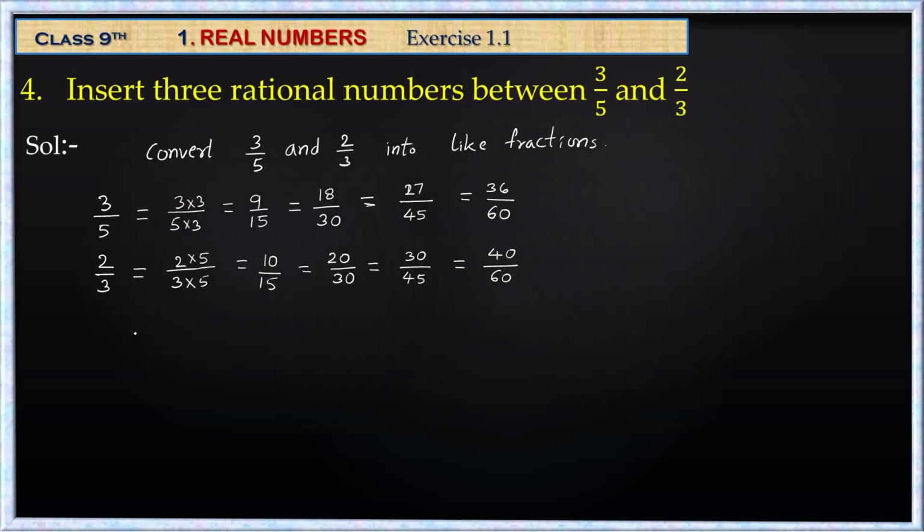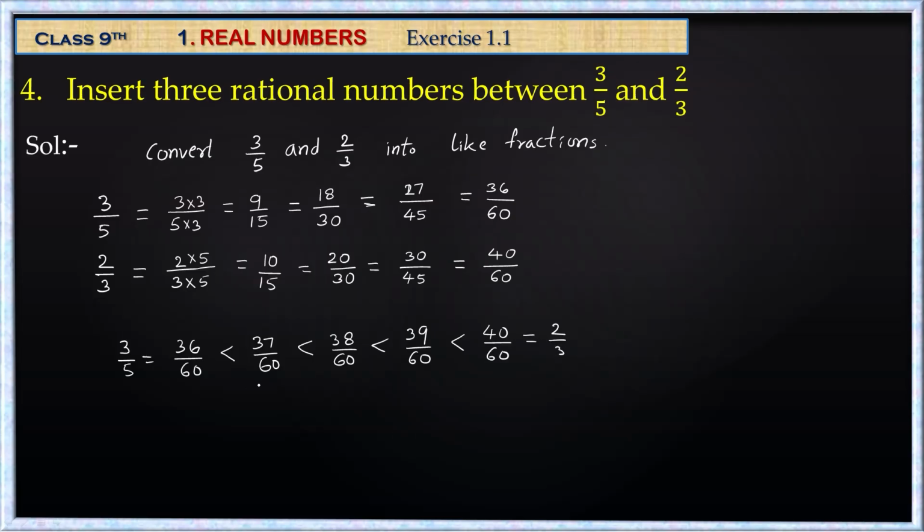Now we can take 3 by 5 is equal to 36 by 60, and which is less than 37 by 60, and that is less than 38 by 60, and it is less than 39 by 60, and it is less than 40 by 60. 40 by 60 is nothing but 2 by 3.